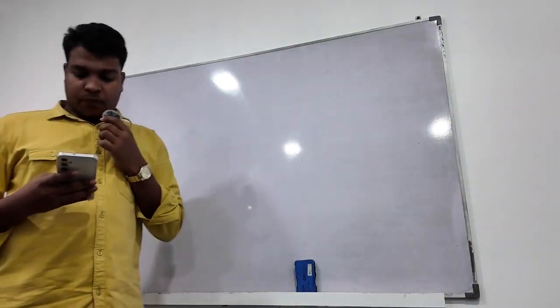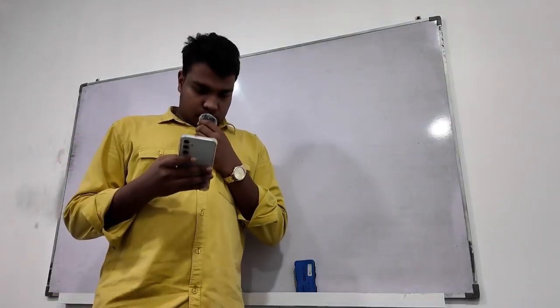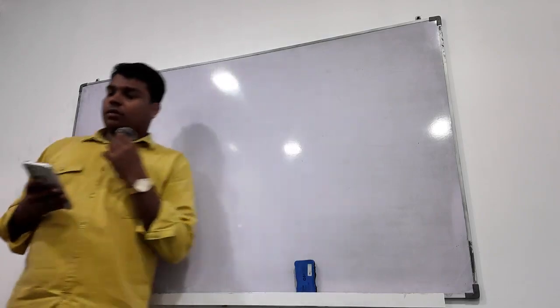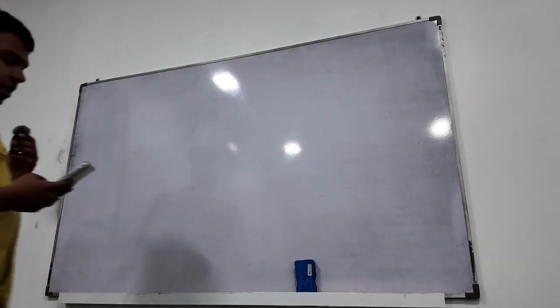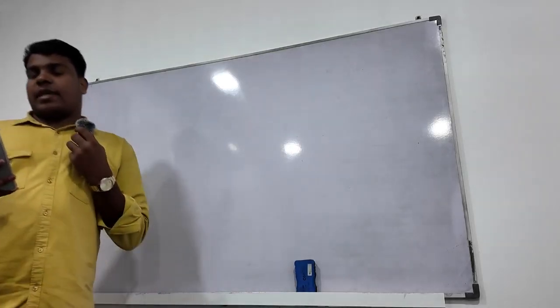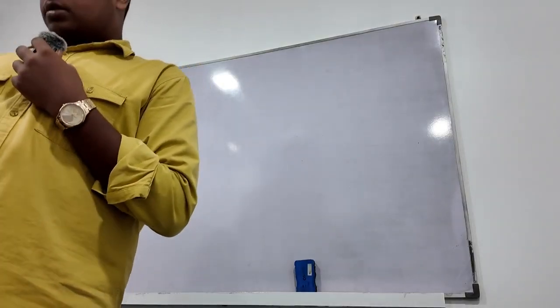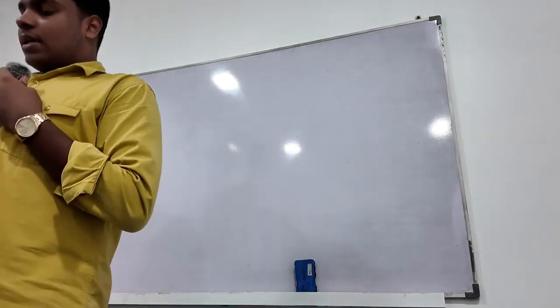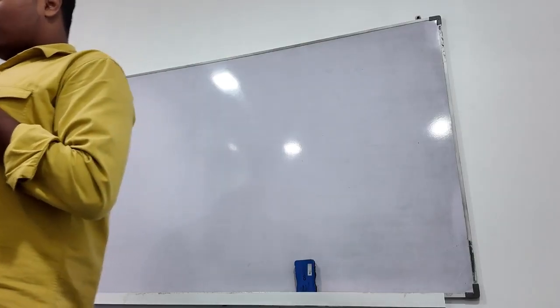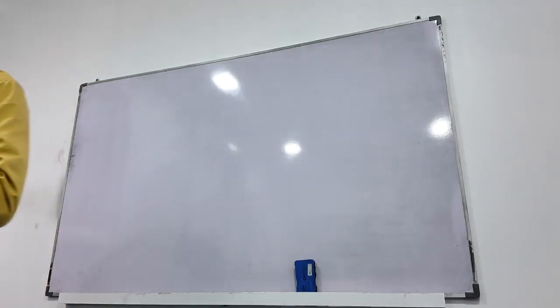Wavelength means the distance of one complete oscillation. So here they have drawn this longitudinal wave as wave fronts. So then what should we do here?